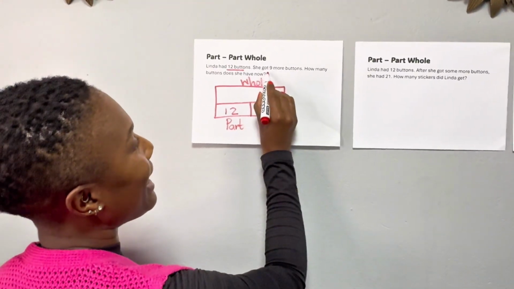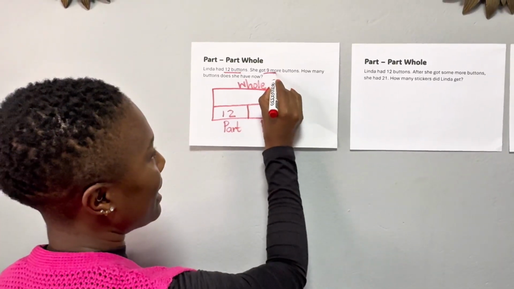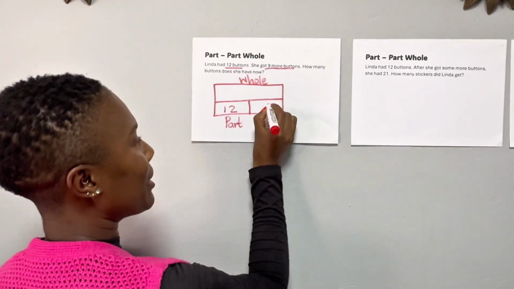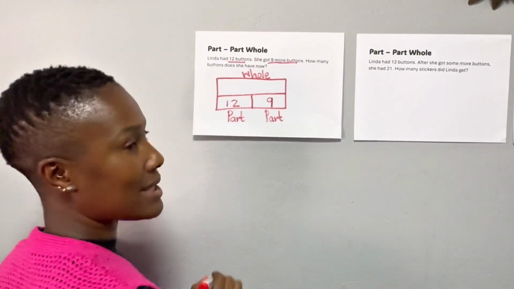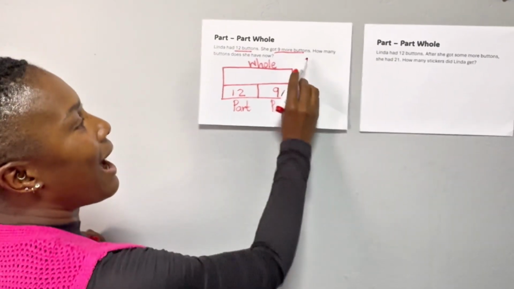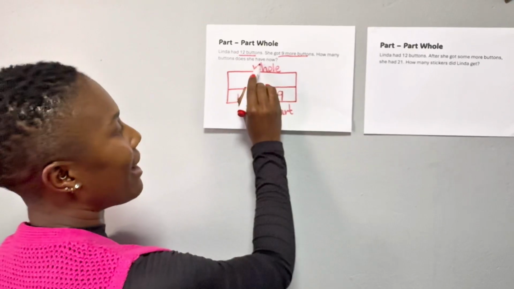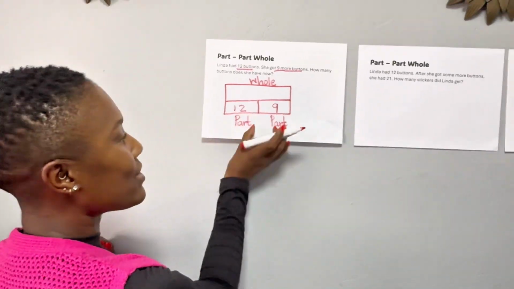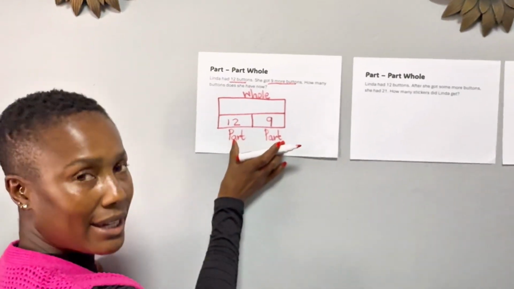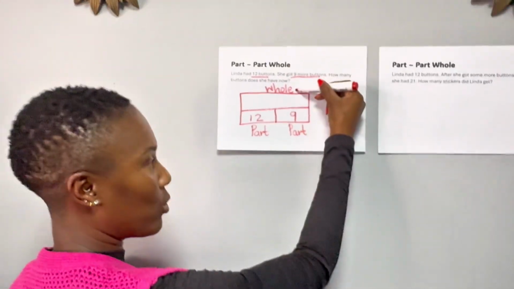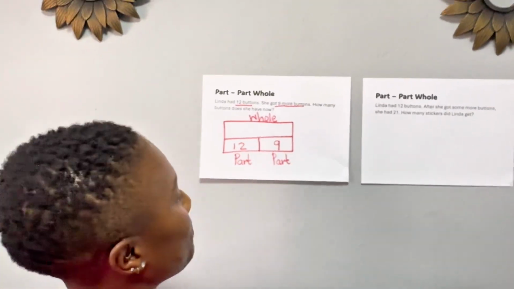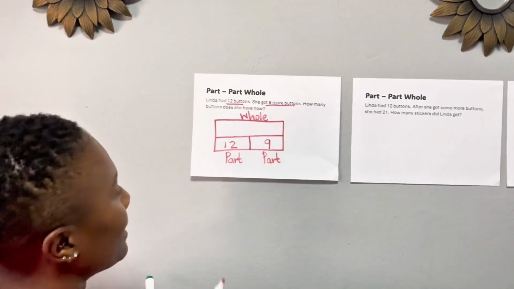She got 9 more buttons, which is now this second part. How many buttons does she have now? These two parts make this whole. Now we need to add on.